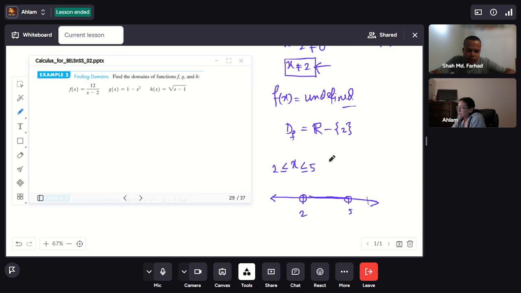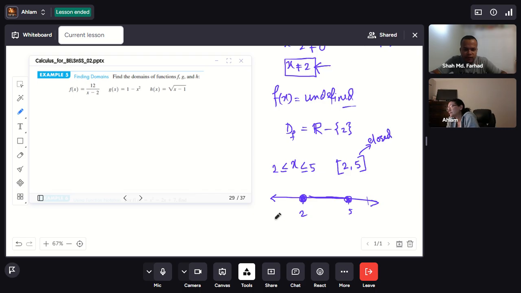So we can write this as square bracket 2, 5 square bracket. That is called a closed interval.